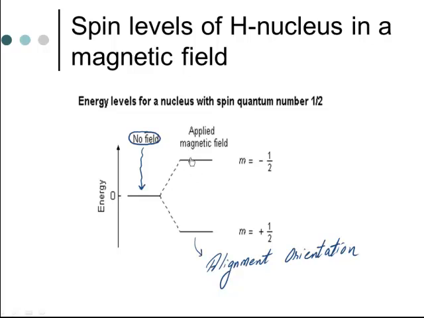The proton spins in such a way that its own magnetic field opposes the applied magnetic field. So the alignment orientation, which is a low energy orientation, is assigned a spin of plus half, and in the high energy orientation the spin assigned is minus half.